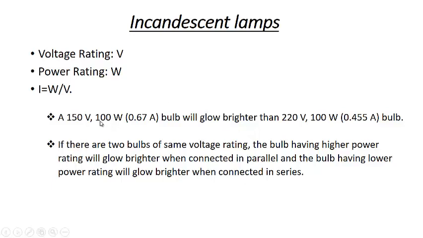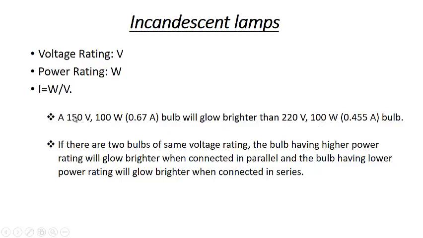This rating means that this bulb will consume 100 watt of power when 150 volt is given. Similarly, this bulb consumes 100 watt of power when 220 volt is given, but when less voltage is given to it, it will consume less power depending upon the voltage.